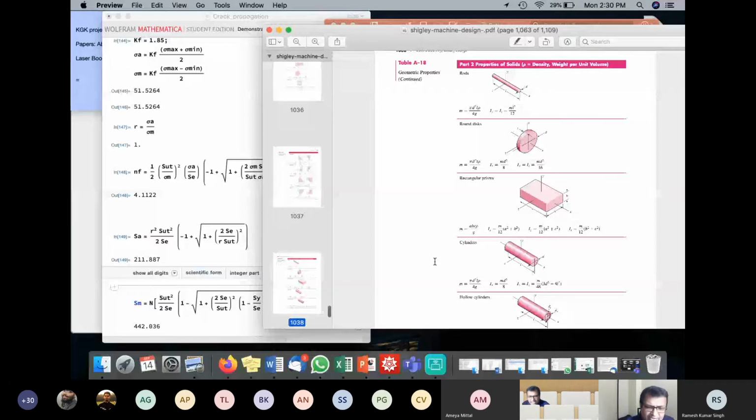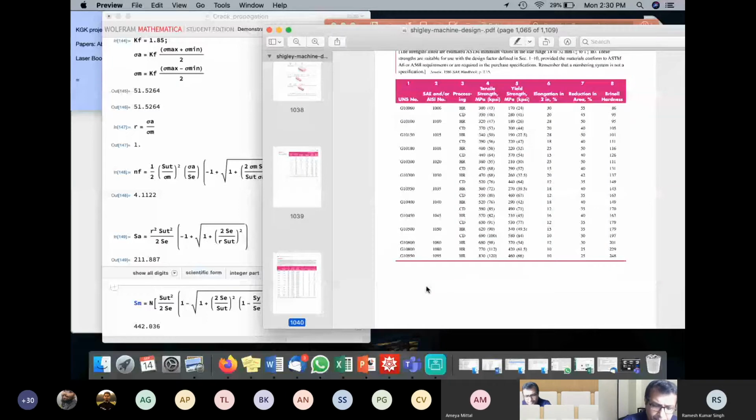A20, right? I have the material which is AISI 1050 cold drawn. This one. I'm not able to pick it up rightly. Yes. So these two values, 690 and 580.